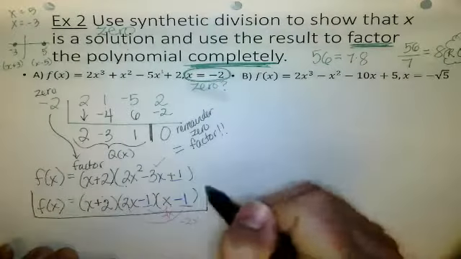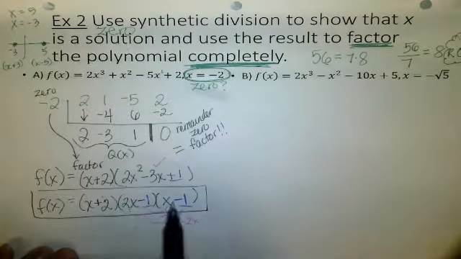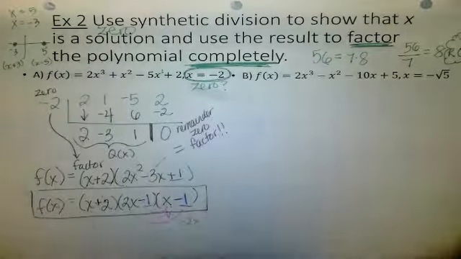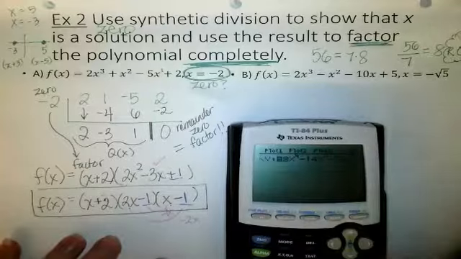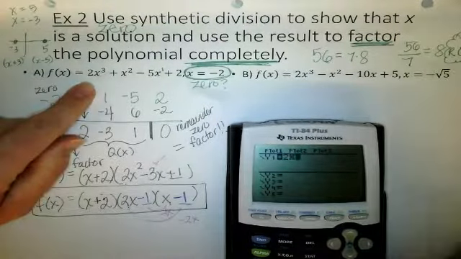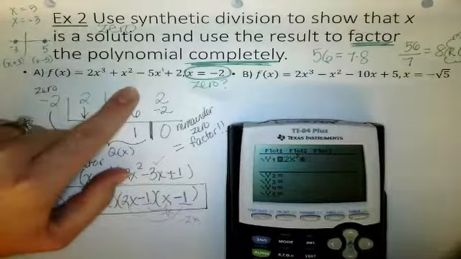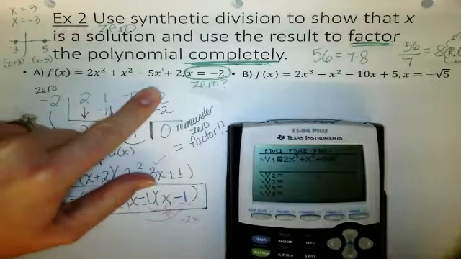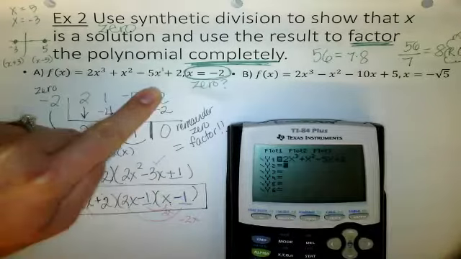All right. This is factored completely. It's factored completely when I have all my x's factored as far as I can go, x to the first power, hopefully. Sometimes it doesn't work, but that's good. Now, how do I know I did it right? You graph your original function, 2x cubed plus x squared minus 5x plus 2.